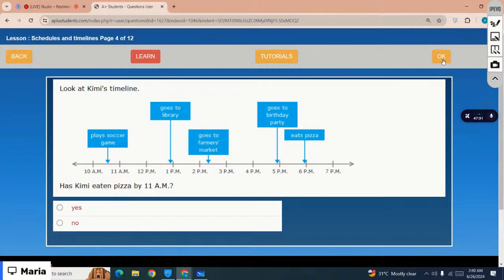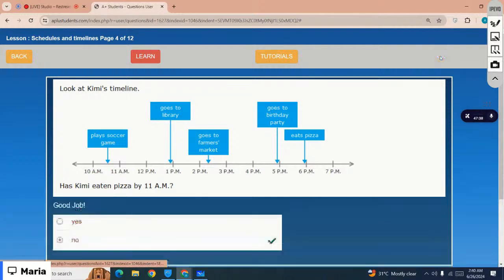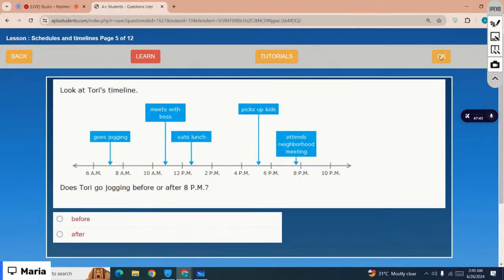The correct option is no. Look at Tori's timeline.